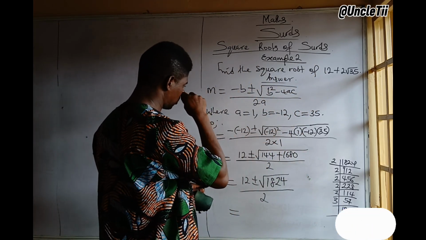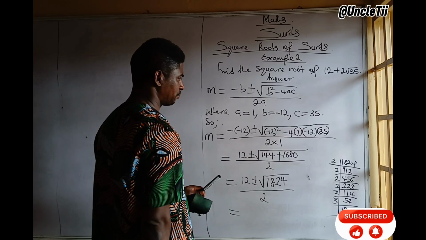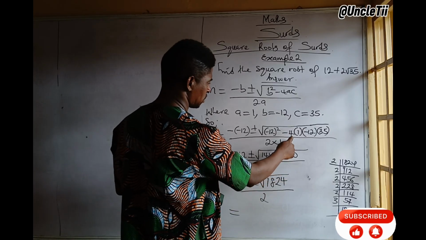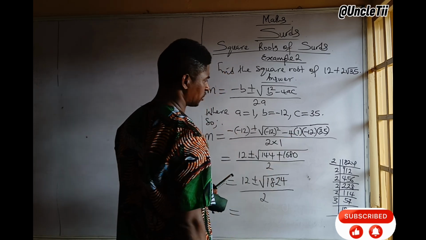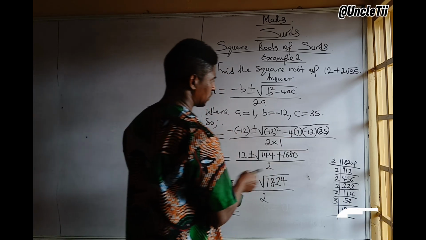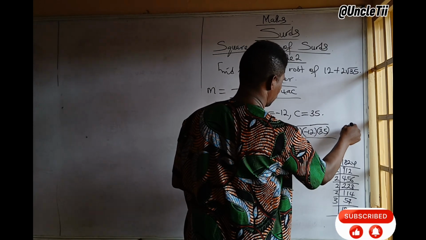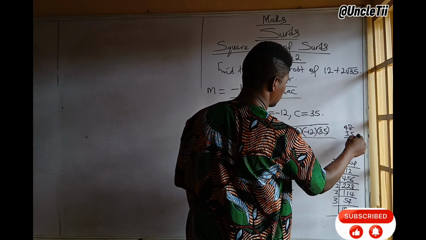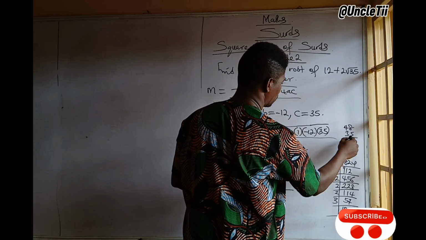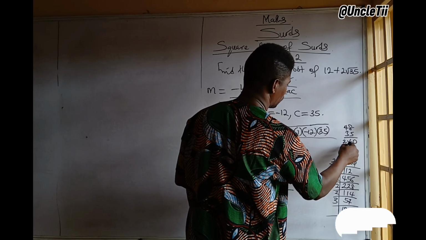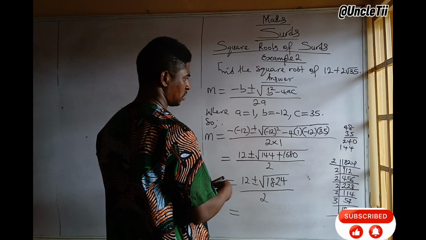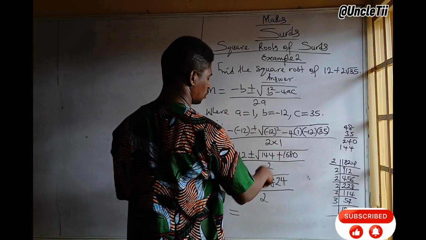Minus 12 square is 144. Okay, yes. 4 times this is 48. Yes, 48. 48, 35. 0 carry 4, 24. 4 carry 2, 14. Yes, 0, 8, 6, 1.